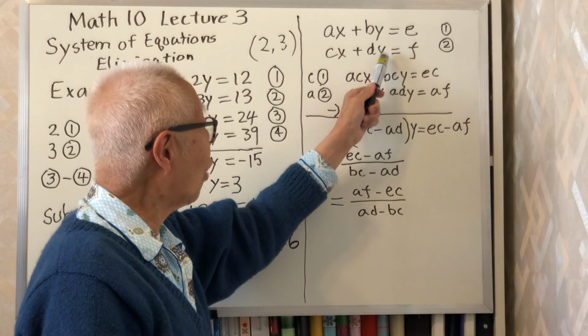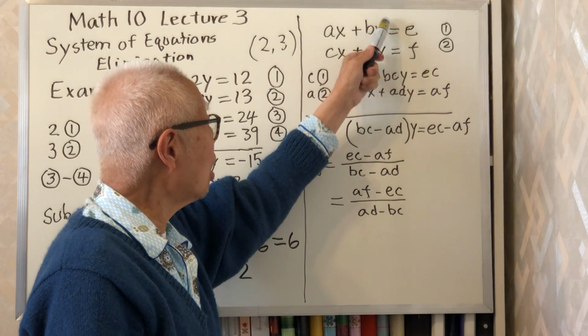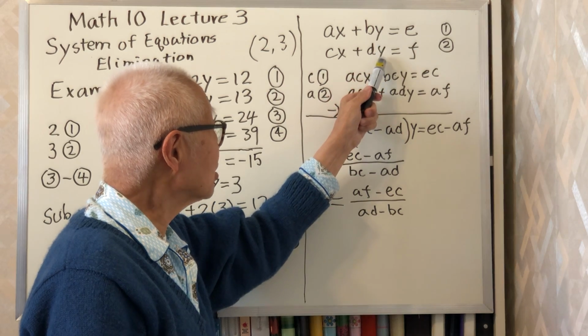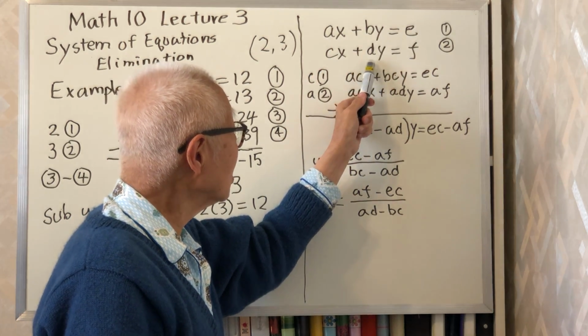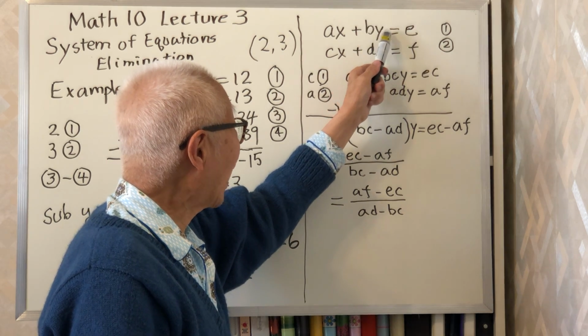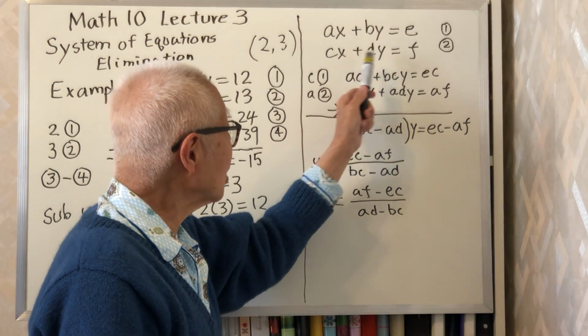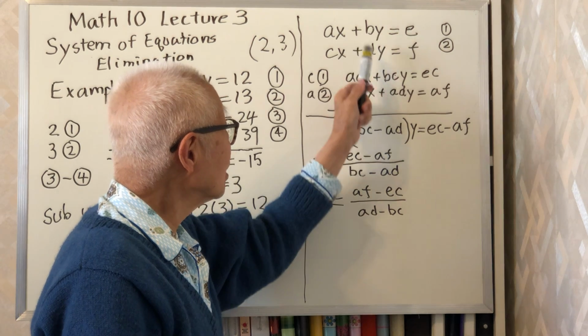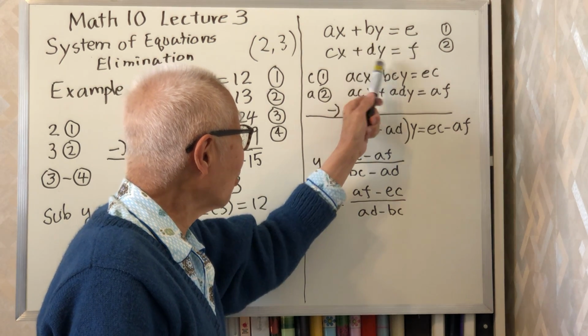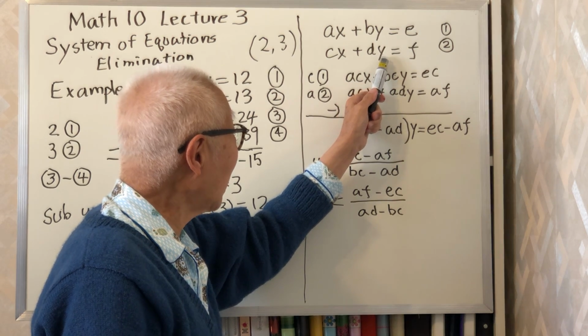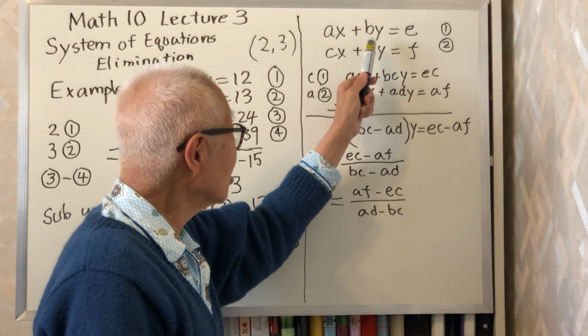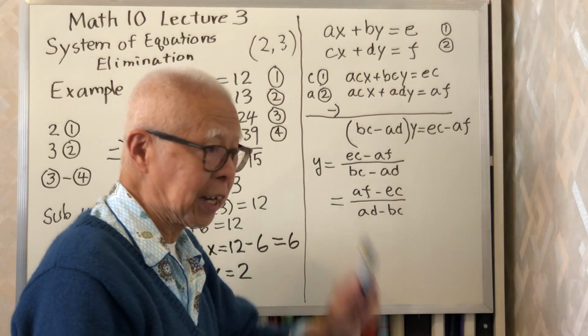To eliminate y, I make this term and this term the same. So I will multiply this by d to make this bdy, and I multiply this equation by b to make this bdy. So bdy here and bdy there, then when you subtract, y is gone and I get x.